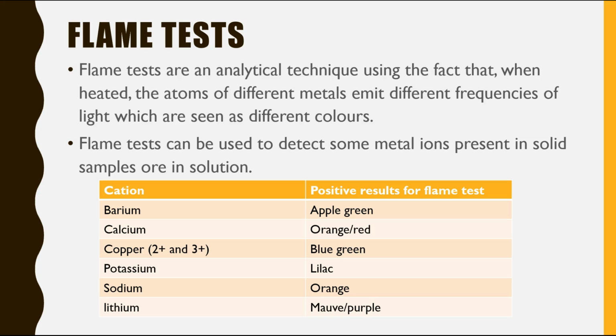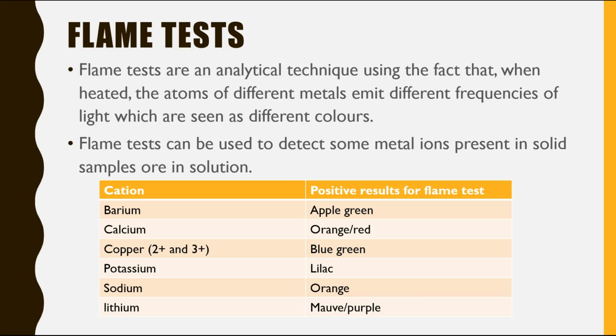One test we're familiar with and have actually used in previous modules is the flame test. The flame test is a really simple analytical technique using the signature color that many of our metal ions possess.